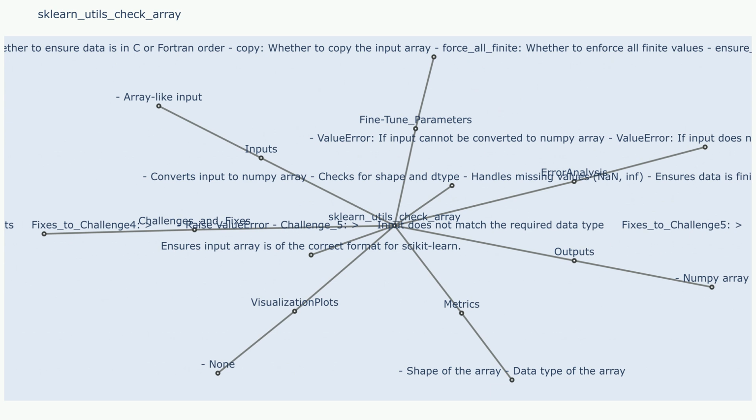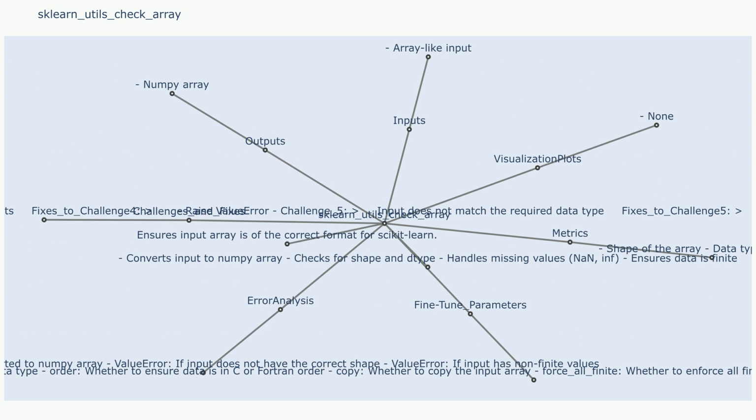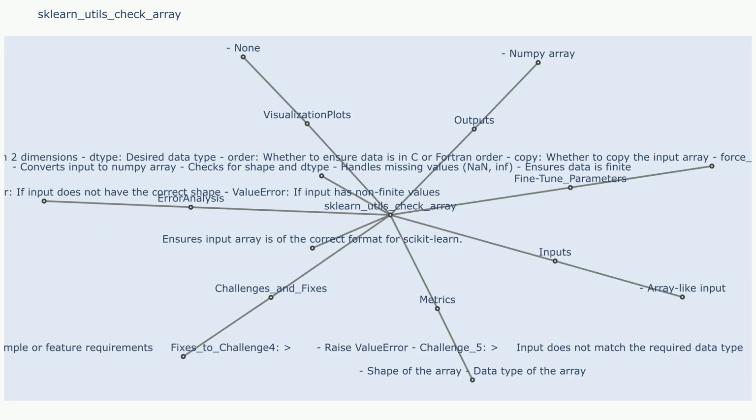Steps. Type checking: the function checks the type of the input. It should be a NumPy array, list, pandas data frame, or a similar array-like structure. Sparsity handling: if sparse matrices are acceptable (accept_sparse is true), the function handles them appropriately. If not, it attempts to convert them to dense matrices. Data type conversion: if a specific data type (dtype) is specified, the function tries to convert the input to that type.